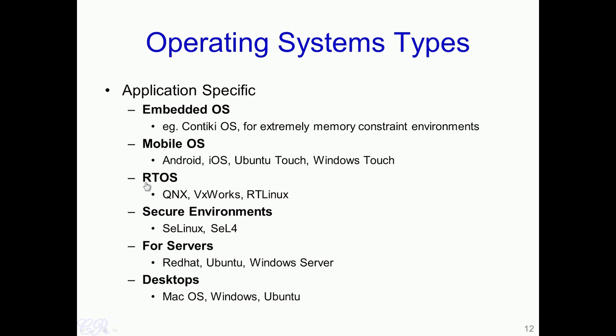A third type of operating system is the RTOS or real time operating systems. So, examples of these are QNX, VxWorks and RT Linux. So, these operating systems are used in mission critical applications where time is very important.